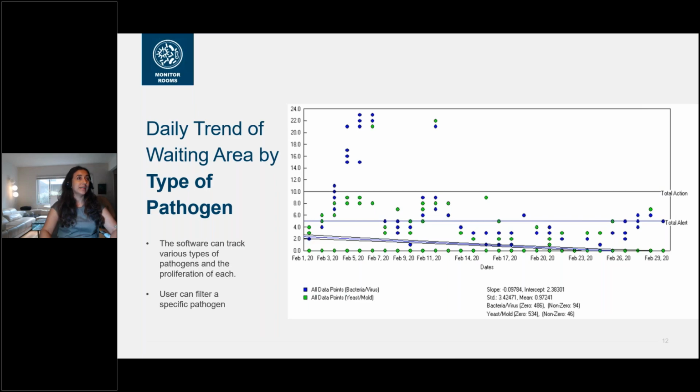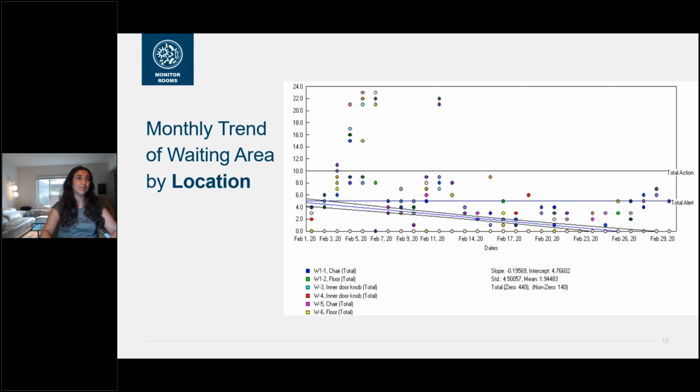Here we're seeing data in a linear regression this time, and it's broken out again by pathogen type, bacteria, virus, and yeast, mold, in one linear regression. So you can see again when we have our peaks, you can see the slope, the intercept, the number of zero and non-zeros, and the standard deviations, which may help as well establish those limits of when you should be alerted to higher counts.